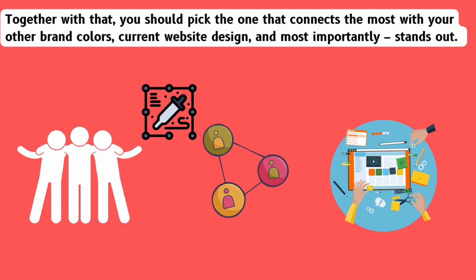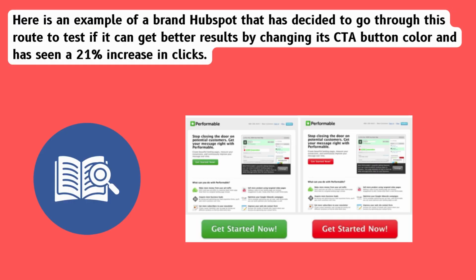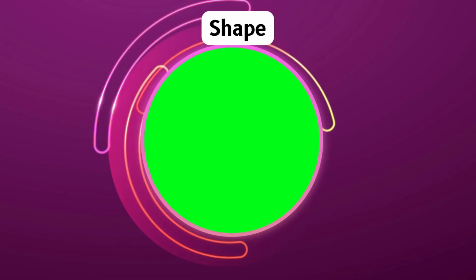Together with that, you should pick the one that connects the most with your other brand colors, current website design, and most importantly, stands out. Here is an example of the brand HubSpot, which decided to go through this route to test if it can get better results by changing its CTA button color, and has seen a 21% increase in clicks.